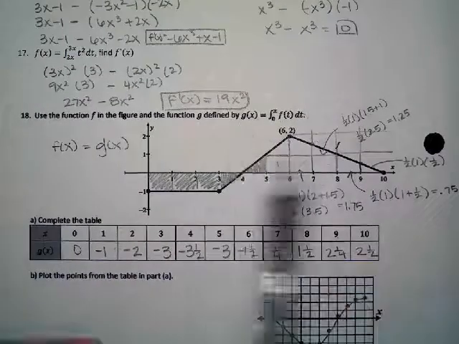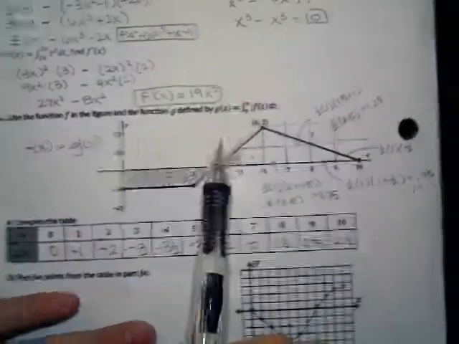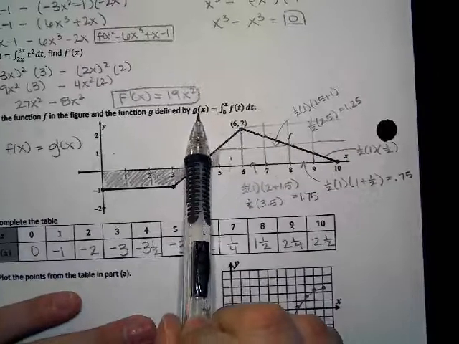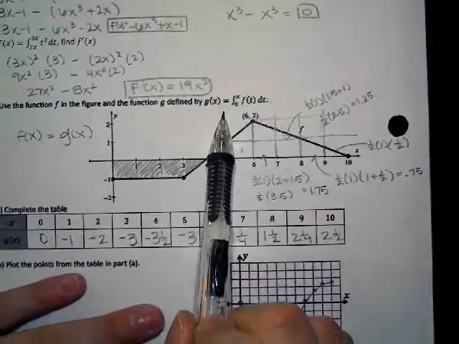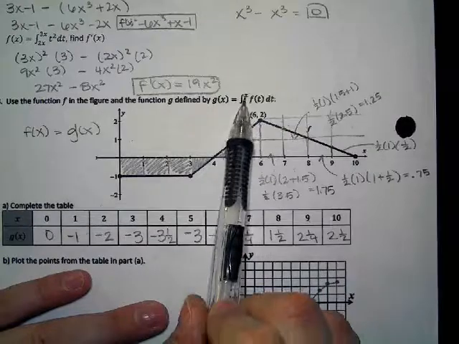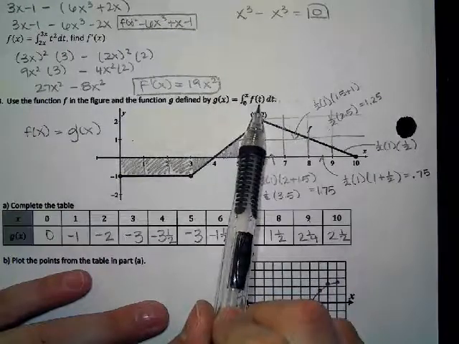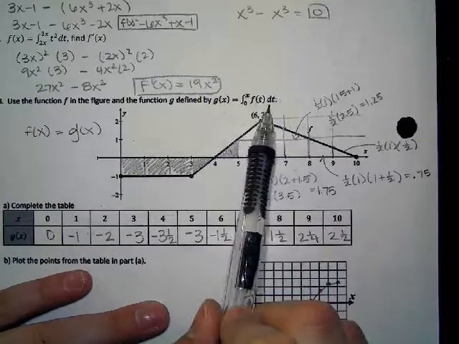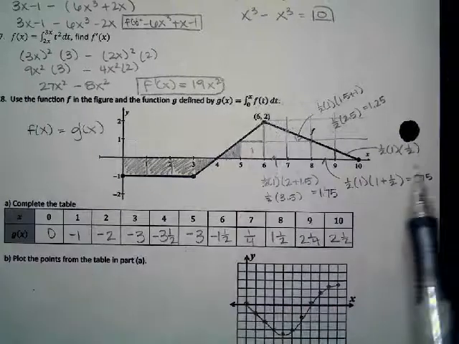Okay. So here it says that g of x equals the integral from 0 to x of f of t dt.